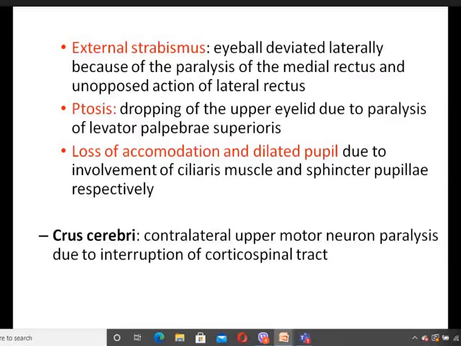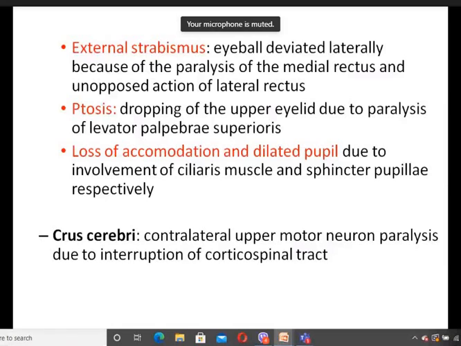Okay, so external strabismus. Ptosis, drooping of the upper eyelid due to paralysis of the levator palpebrae superioris. So the upper eyelid will become drooped and looks like a closed eye. And loss of accommodation and a dilated pupil due to the involvement of the ciliaris muscles and the sphincter pupillae respectively.